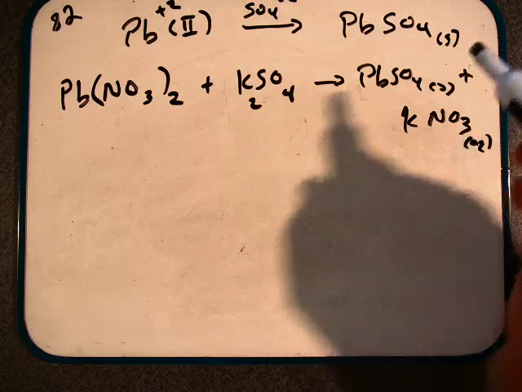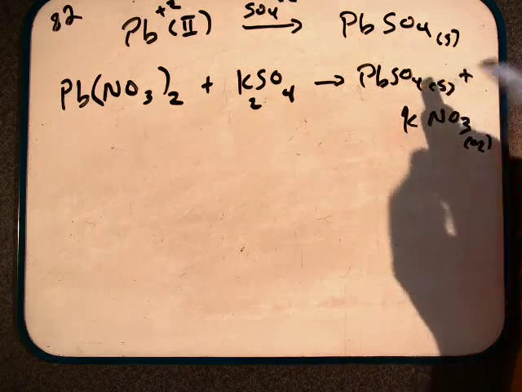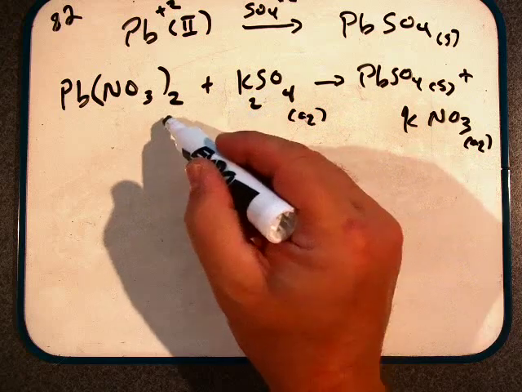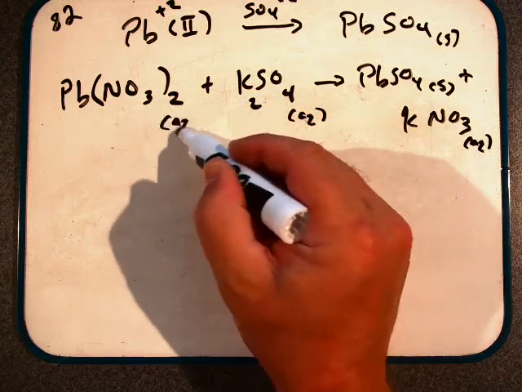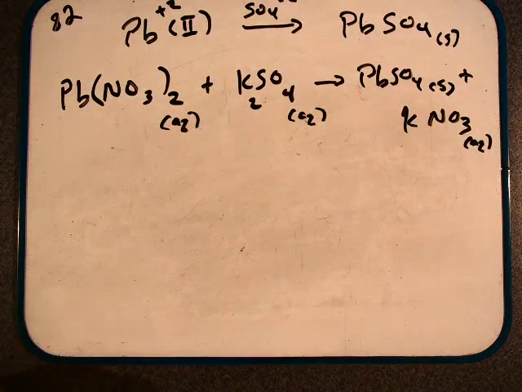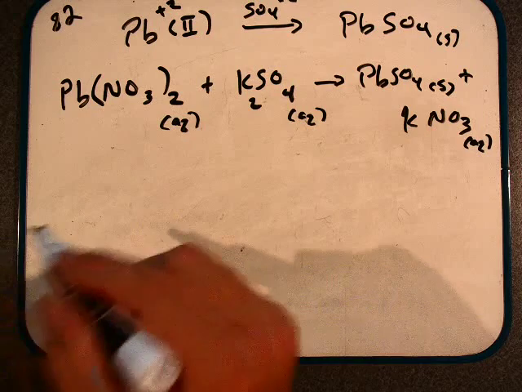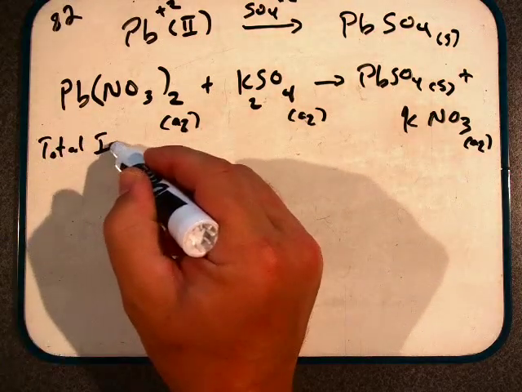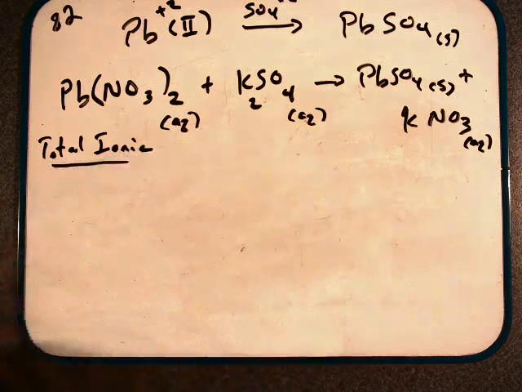Our potassium nitrate is going to be aqueous, our lead sulfate is solid, our potassium sulfate is aqueous, and our lead 2 nitrate is also aqueous. So that is just our general precipitation reaction, showing that we do actually make a solid precipitate, lead sulfate. But what we want is the total ionic reaction and the net ionic reaction.